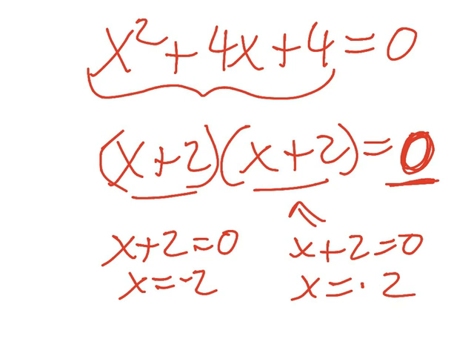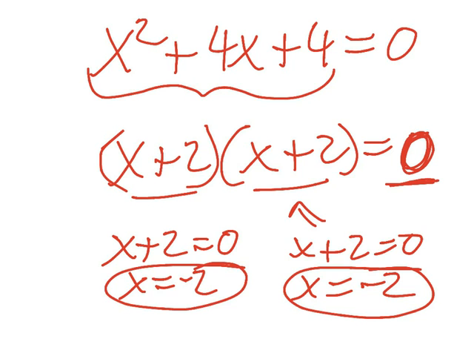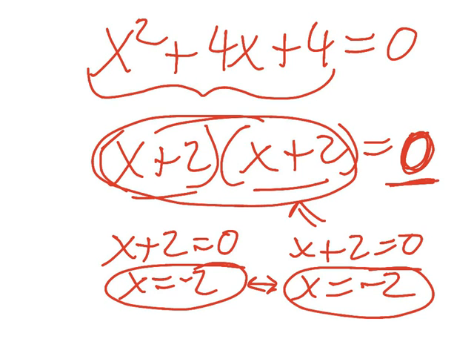And what that tells me is that this parabola crosses the x-axis at x equals negative 2. And if it does it twice like this, in other words, if these two factors are identical to each other, that means it comes down and just touches the x-axis at this point, x equals minus 2. Okay, and we saw that earlier when we graphed it.